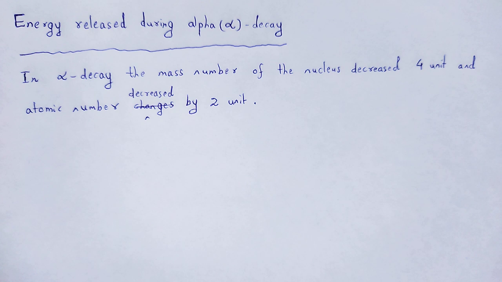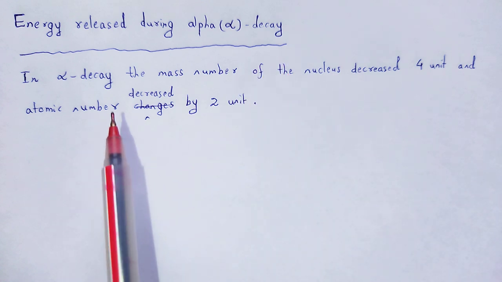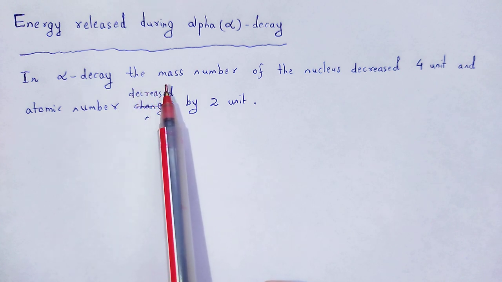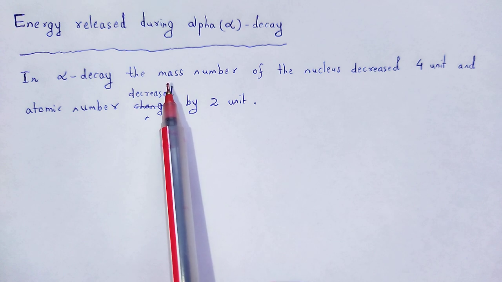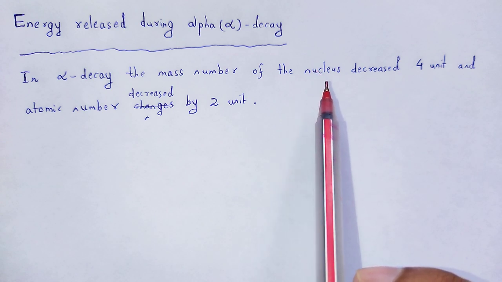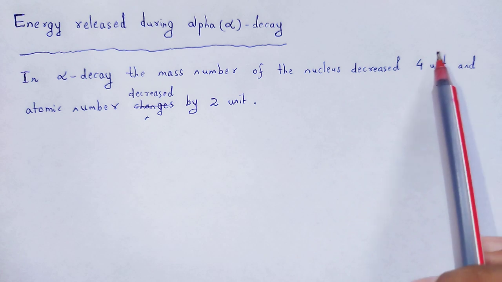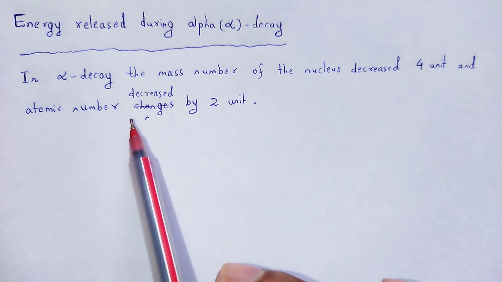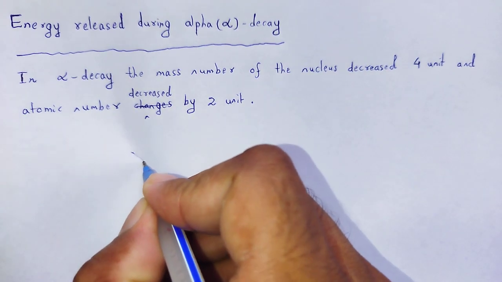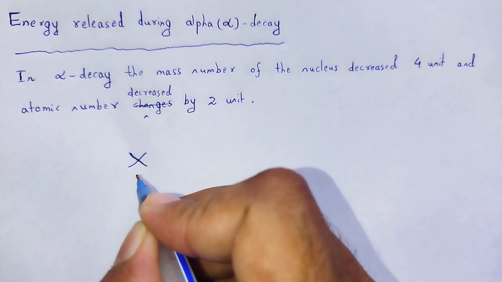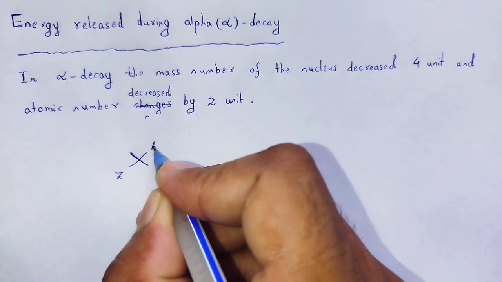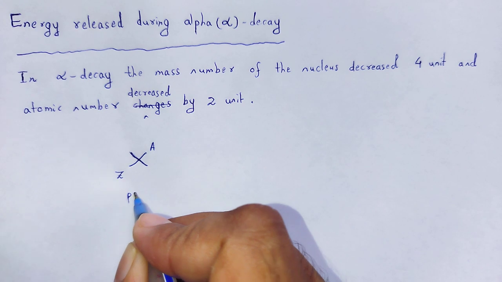First, energy released during alpha decay. When alpha decay occurs, the mass number of the daughter nucleus decreases by 4 units and its atomic number decreases by 2 units. Let X, having the atomic number Z and mass number A, be the parent nucleus.